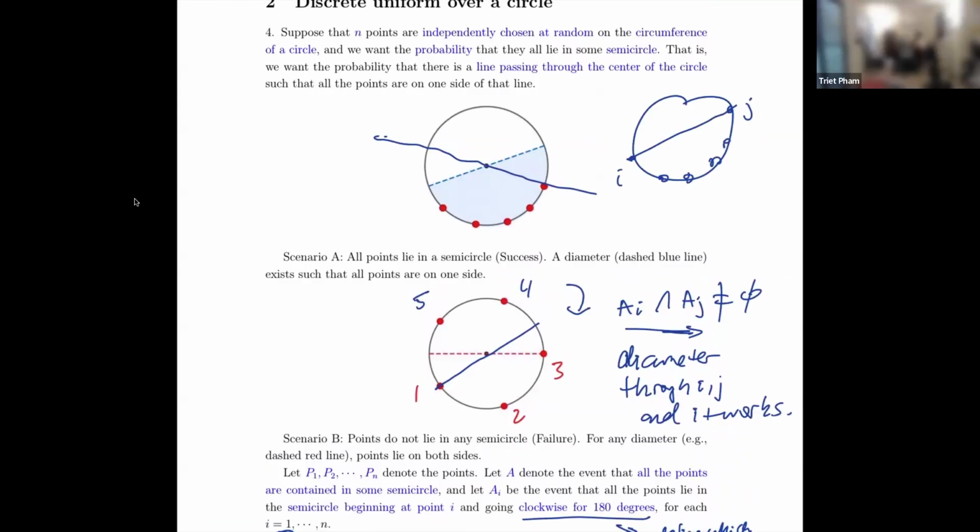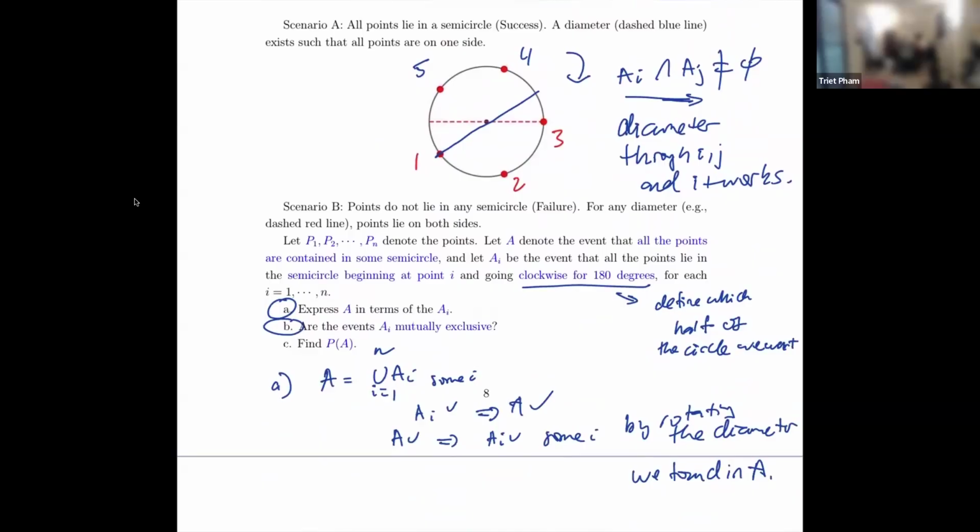I claim that this is not the right case. You see why? I claim that even if I and J are on the opposite sides of the diameter, that's not right. The reason is exactly because of the direction. The direction move is a very important move. Otherwise, what you point out is true.